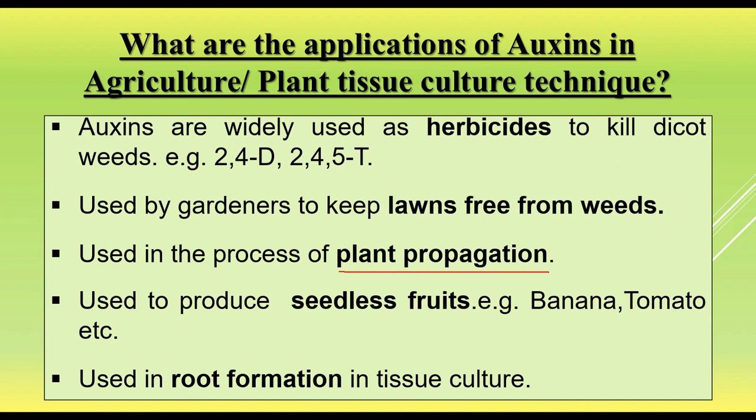High concentration of auxin induces parthenocarpy, that is, the fruits are produced without fertilization, thus the fruits are seedless. I already discussed that. So banana and tomato are commercially produced by increasing the auxin concentration.